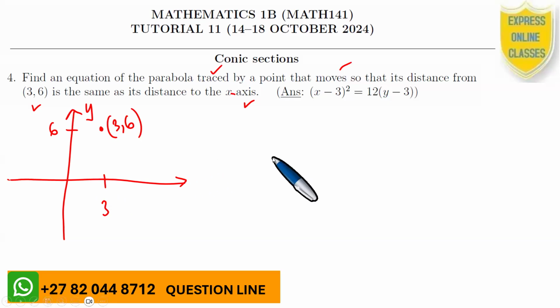Find an equation of the parabola traced by a point that moves so that its distance from (3, 6) is the same as its distance to the x-axis.